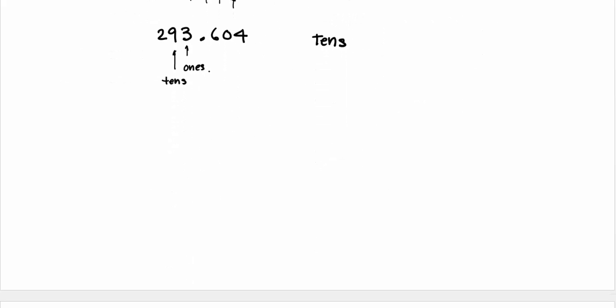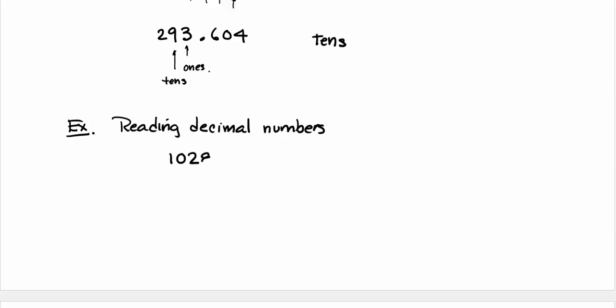And then if we wanted to know how we would actually read a decimal number correctly, remember the decimal point is equivalent to the word "and." Okay, so we don't use the word "and" until we hit a decimal. So let's read decimal numbers. We'll try reading this one.